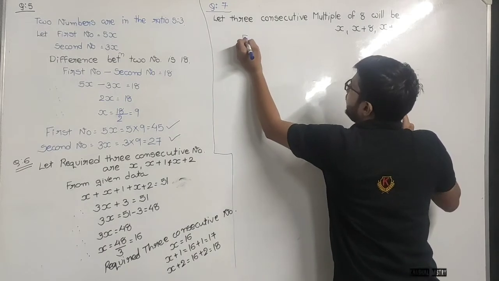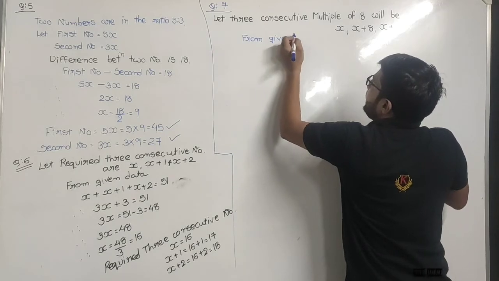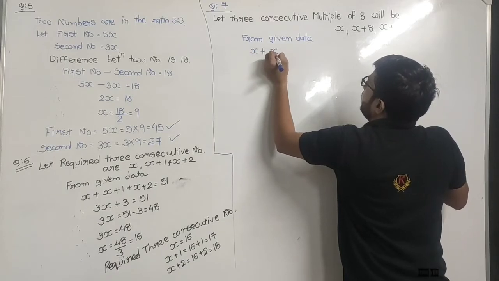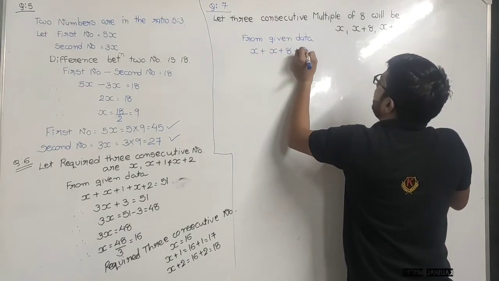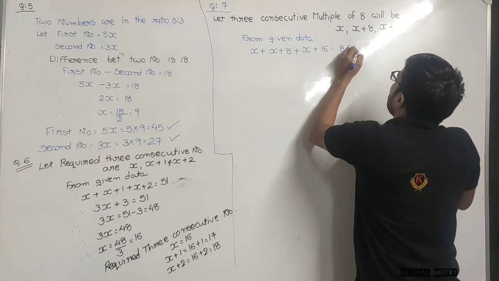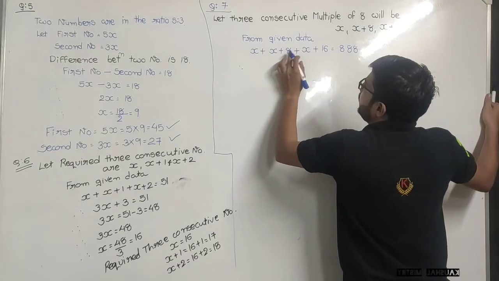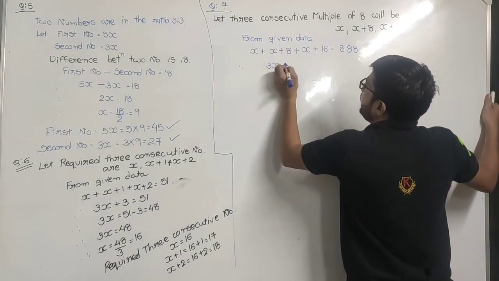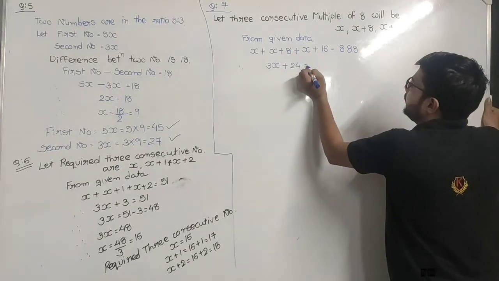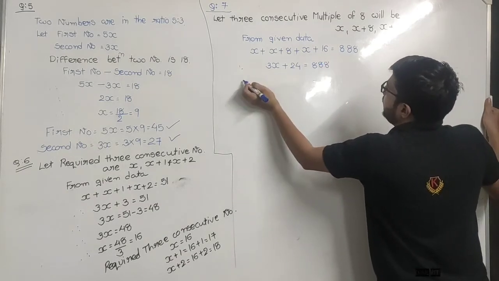So from the given data we can write x plus x plus 8 plus x plus 16 is equal to 888, right? So that will be 3x plus 24, 8 plus 16, equal to 888.